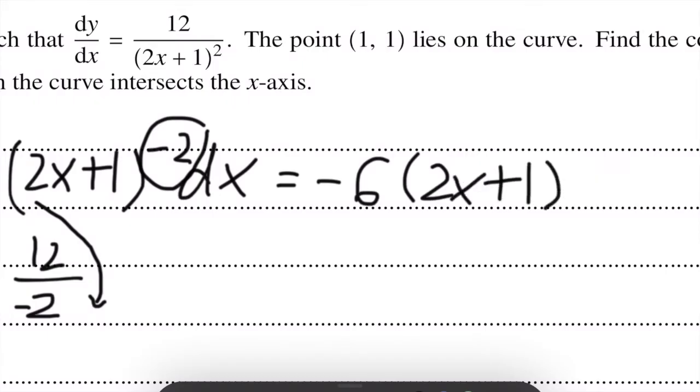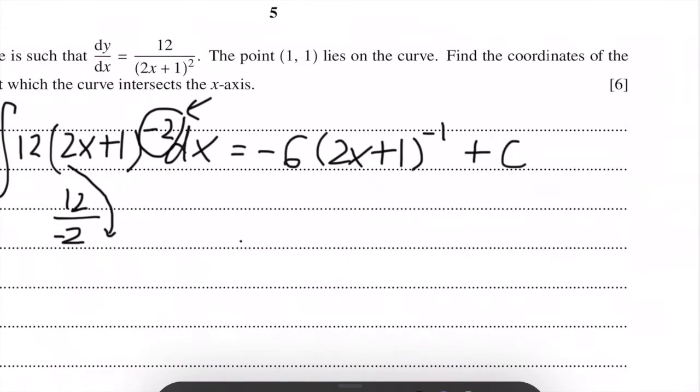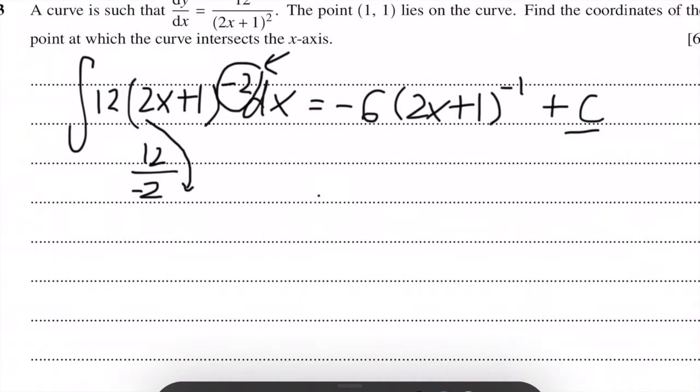Over 2x plus 1, you will add 1 to the power of negative 2, so it will be negative 1, plus c. Since we know that the point (1, 1) lies on the curve, we can use that coordinate to find c. We'll go ahead and input 1 for x and 1 for y.